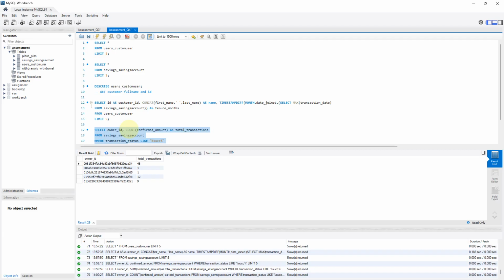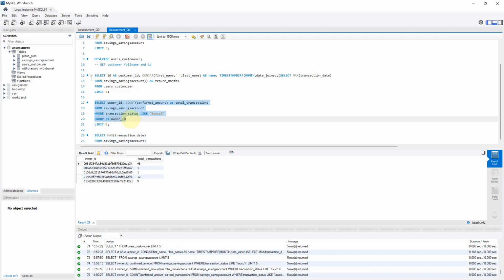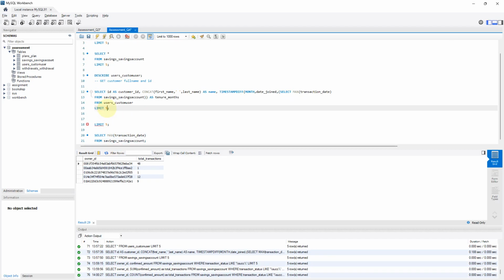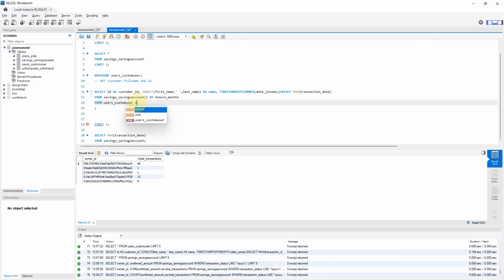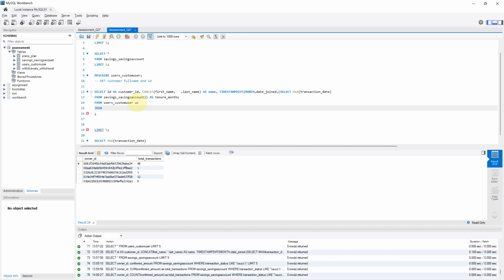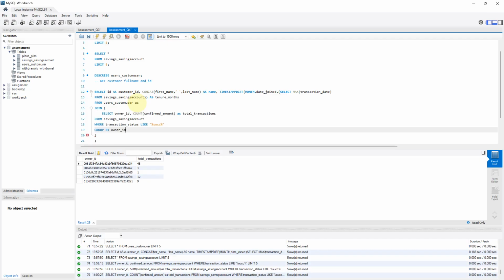What else? Okay, so we can then do a join. We'll just do a join and this will be a subquery. We'll give this an alias, UC, and we'll now say join this subquery. Let me put an indentation to this just to make it more neat.